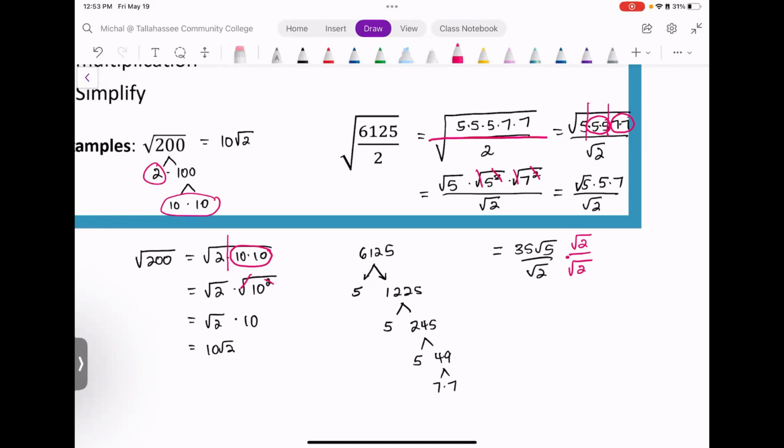When I do that, this is the same as 35 times the square root of 5 times 2 over the square root of 2 times 2. 35 times the square root of 10 over 2, since the square root of 2 squared is the square root of 4, which is just 2. So my final answer is 35 square root of 10 divided by 2.